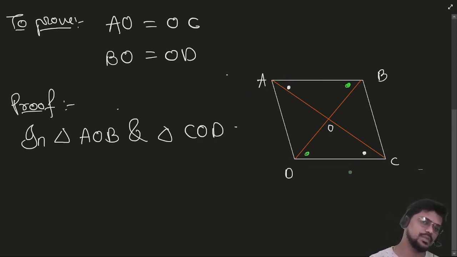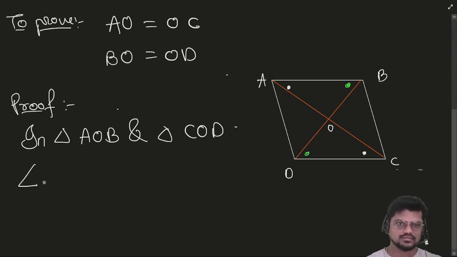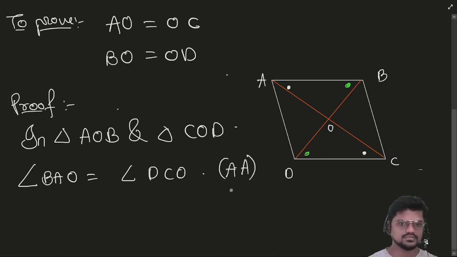Also, you know that AB is equal to CD. Why? Because it's a parallelogram. Opposite sides are equal. Then we'll write it over here. Angle BAO is equal to angle DCO. Why? Alternate angles.